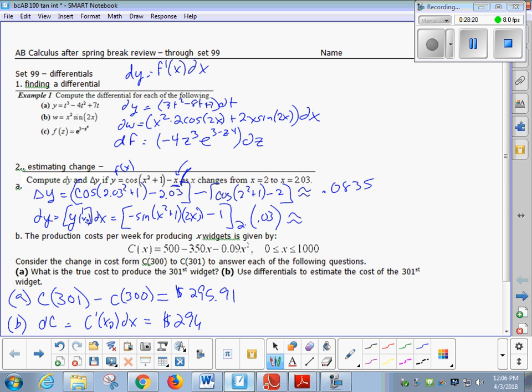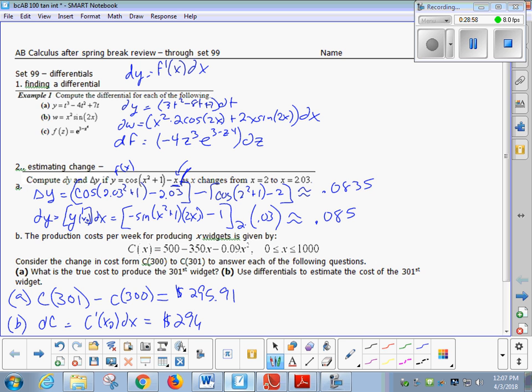So when they ask for a true delta y, the true change, you're actually calculating the true values and seeing the difference between the two. True dy, the differential case, is where you use the derivative to approximate. It's the derivative times the differential. This was 0.085. They are fairly close, as should be the case as long as your delta x is small.